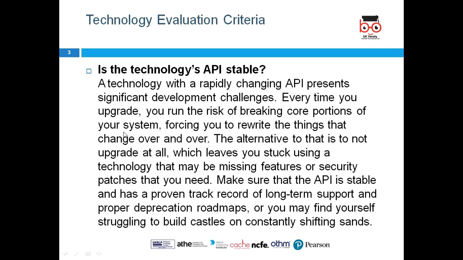Sometimes the websites become down and totally unusable. Have you ever had the chance? Yes, I've experienced that. So it's because of the stability of the APIs.